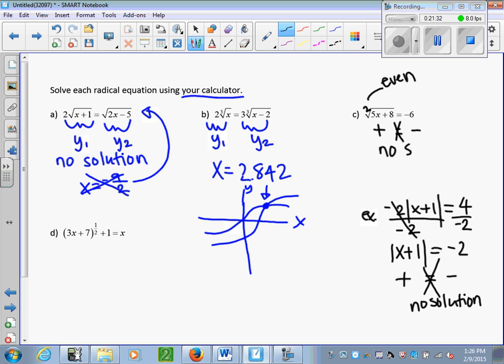The answer here is no solution. Now, you would only get no solution like this if you have an even index, okay? If you don't have an even index, then it is possible and you would solve it. This is only if you have an even index, okay? Alright, so that's C, no solution.